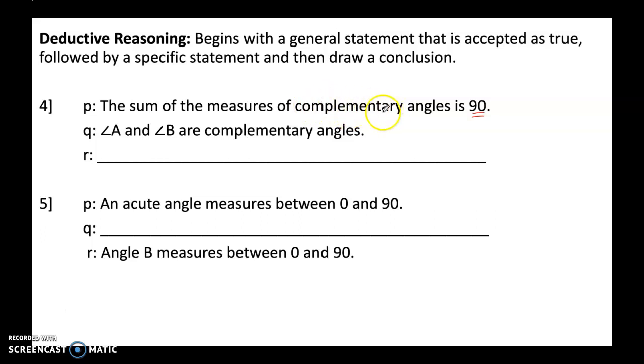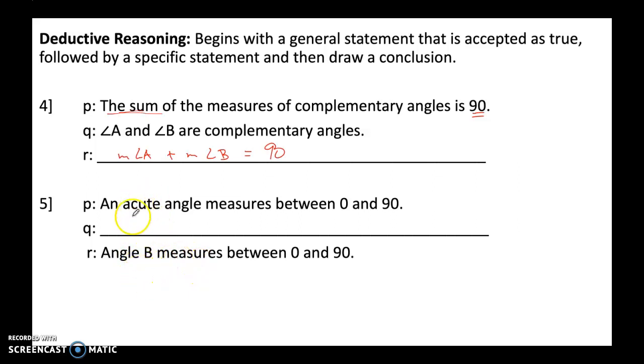Our example of complementary angles is angle A and angle B. To have the conclusion, the measure of angle A plus the measure of angle B is equal to 90, because it is the sum. So this is our conclusion.